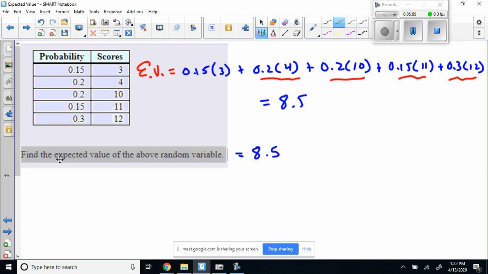So the expected value of a random variable, meaning a random score, would be 8.5. That would be what your expected value would be based off of the probabilities and the scores provided in the table. So this one is really a chug and plug. Fair enough? Now, any questions on that?